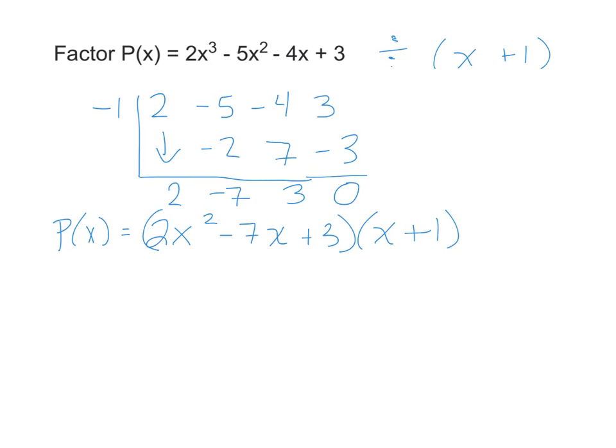We can just factor, because you already know how to factor a quadratic. So I'm going to take 2x squared minus 7x plus 3 and factor that. It's going to be 2x and x, and 3 and 1.